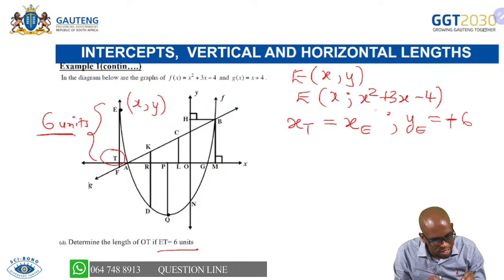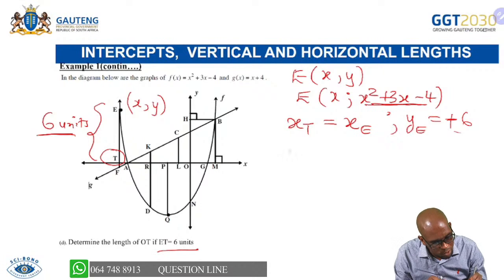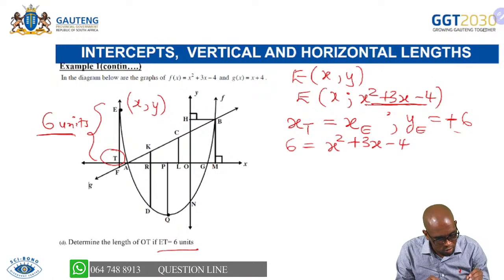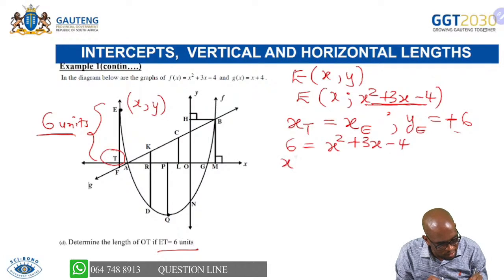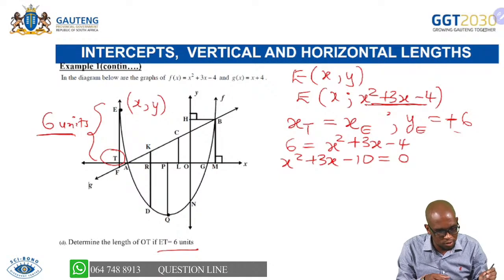So since y at E is 6 and y at E is also x squared plus 3x minus 4, we say 6 equals x squared plus 3x minus 4, because we know what y is along that line. Now, if we transpose the 6, we get x squared plus 3x minus 10 equals 0.